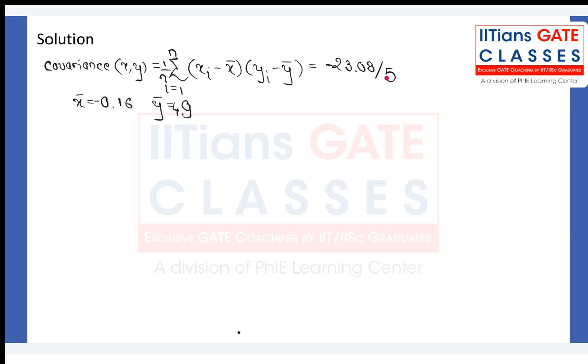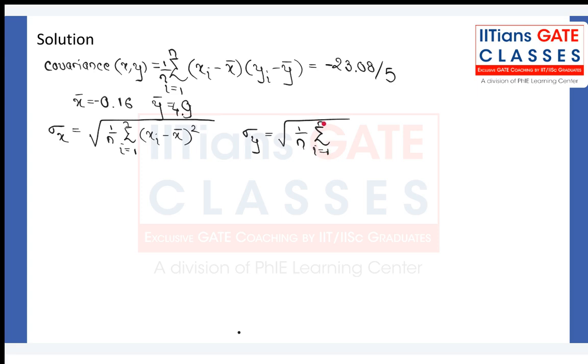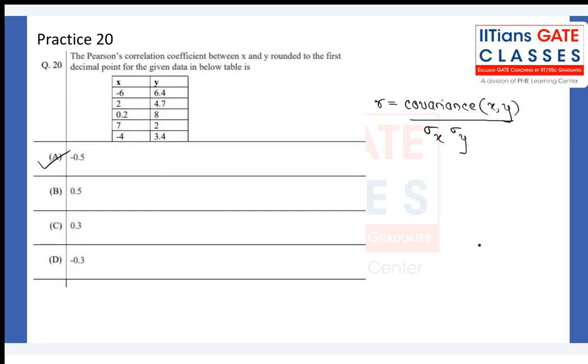Similarly, you will calculate the standard deviation of x, given by root over 1 by n summation i equal to 1 to n of (xi minus x bar) whole squared. And similarly, you will calculate sigma y, root over 1 by n summation i equal to 1 to n of (yi minus y bar) whole squared. Then if you plug in the values, you will get the value of r as minus 0.474. The correct answer is minus 0.5.